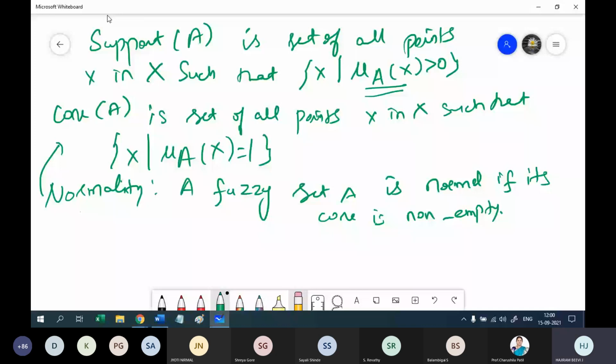Crossover means the point whose membership value is equal to 0.5. So if the membership value is greater than 0, it is support. If the membership value is equal to 1, it is core. Then if the membership value is equal to 0.5, it is crossover.